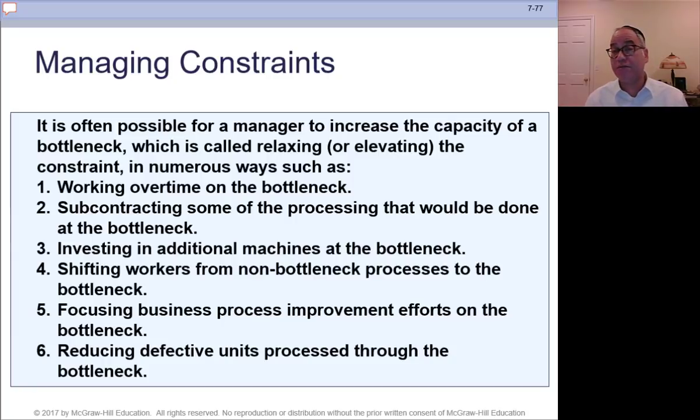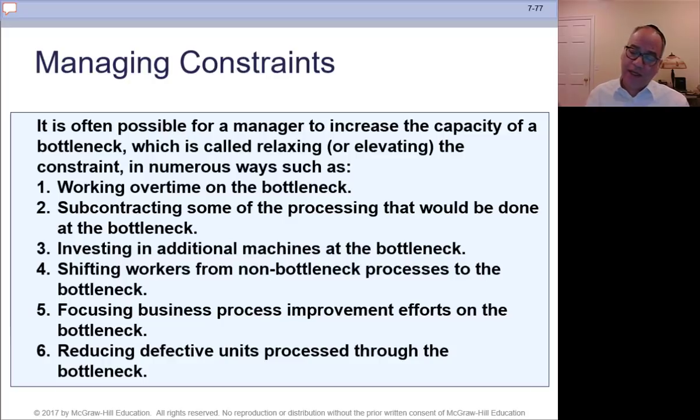Or buy another machine so that this is no longer a bottleneck. If it's a matter of labor, then find more workers who can work on this machine and increase your capacity through the machine. And really focus your business process improvement on that bottleneck, because that's what's holding your whole business back. And if there are defective units coming through there, don't let them happen.